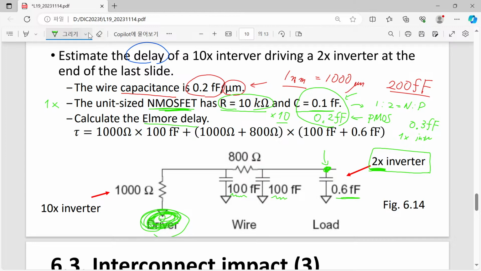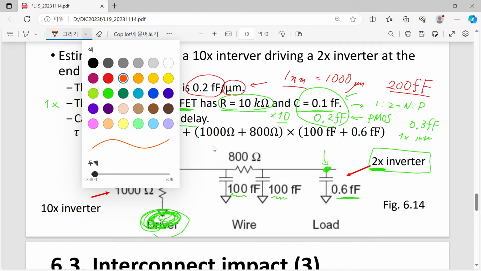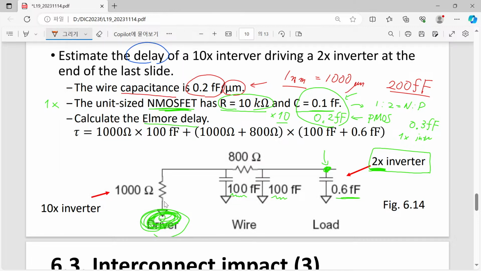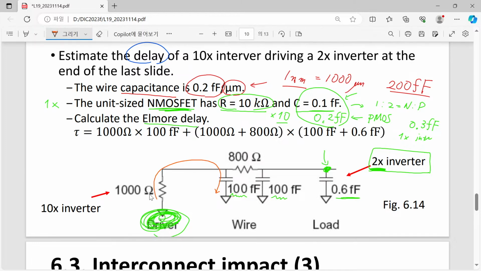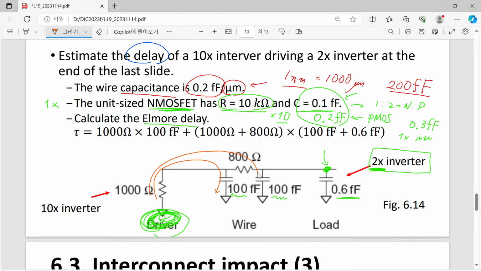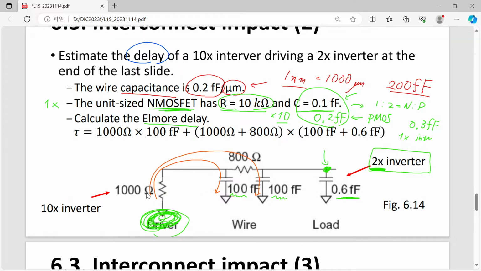Then what we have to calculate is the product of R and C, but here we have an intermediate route like that. Here we have one RC, and another RC. Here we have another RC. Also we have another RC, and they can be summarized in this form. So here we have one term and another term.